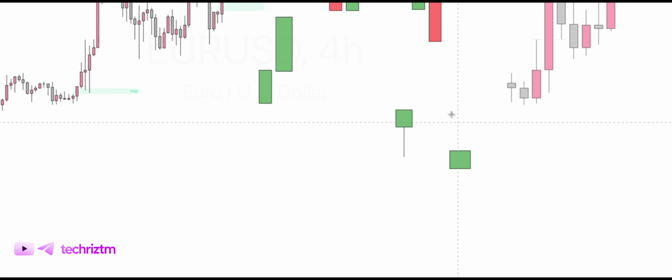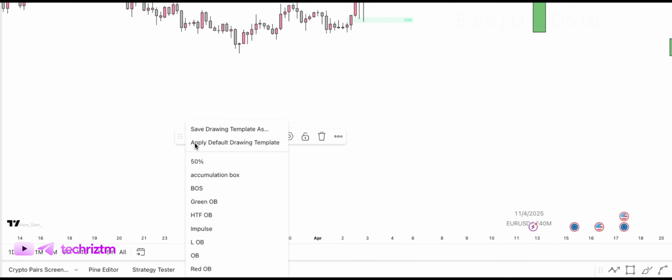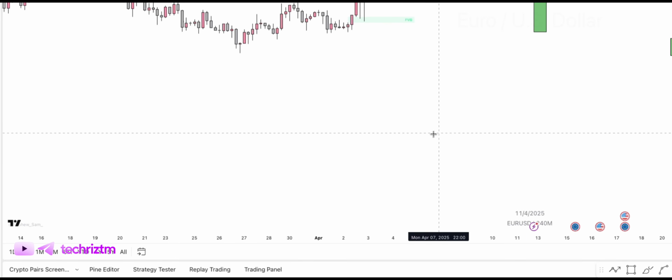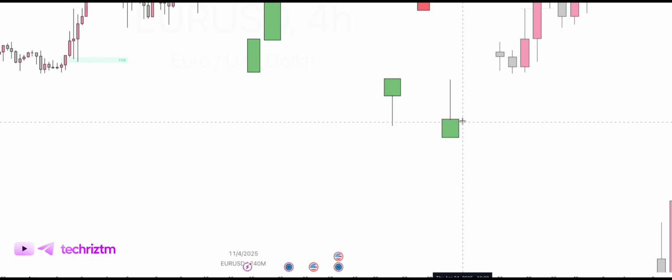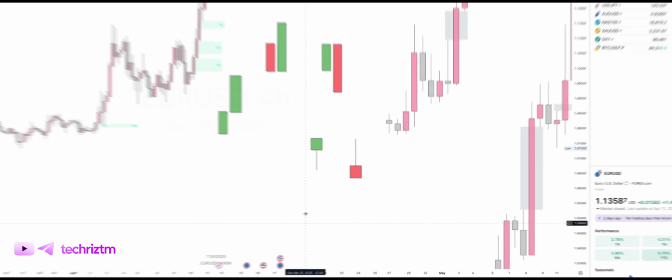So a pin bar is something like this. We have a bullish pin bar, and we have a bearish pin bar. This one is bearish. This is a pin bar. This is how it looks, like a hammer. They call it a hammer too.